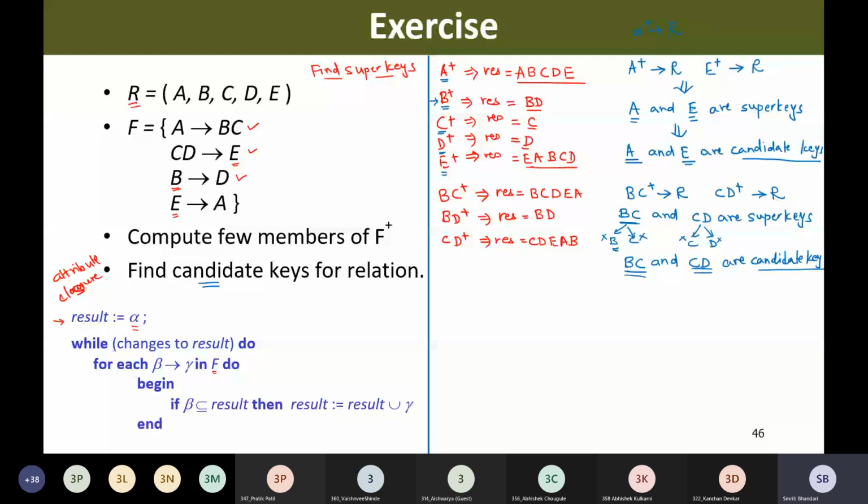We have similar kinds of questions, right? So you should know how we can find out the candidate keys for the relation, and that too very quickly.